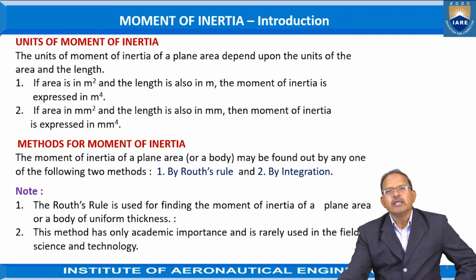Similarly, if the area is in mm square and the distance between the center of gravity and the reference line is in mm, then the moment of inertia is in mm to the power of 4.